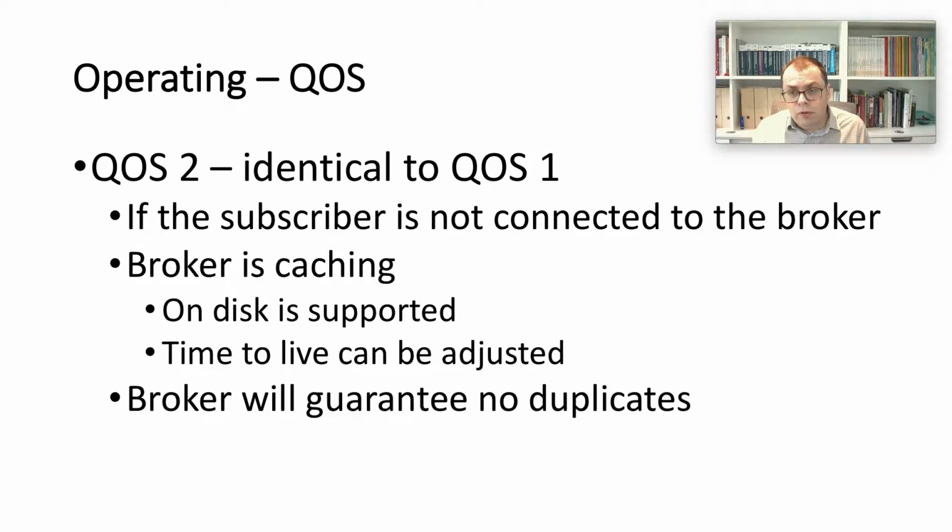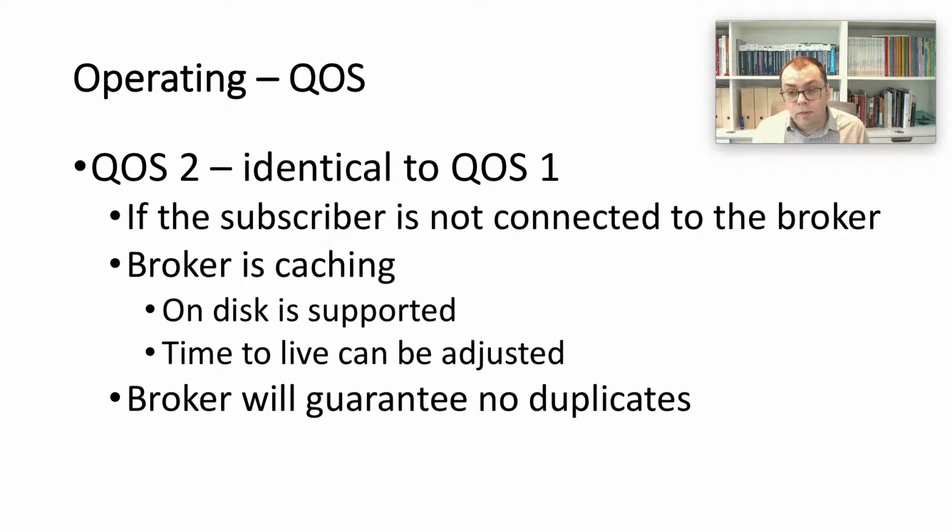Just another point about QoS. The caching can be stored on disk or only in memory. This is optional. You need to set this up in the configuration of the broker. And the time to live in the cache can be adjusted as well, for example 30 minutes, 60 minutes, 2 hours.